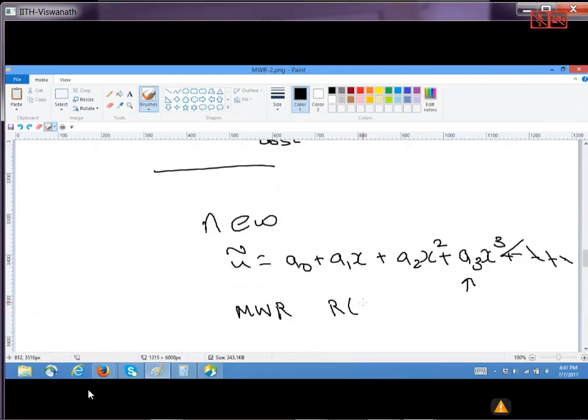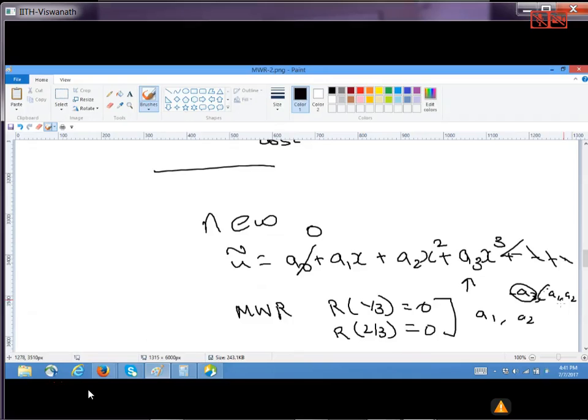Let's make r at 1 by 3 equal to 0 and r at 2 by 3 equal to 0, which will give you your a1 and a2, and a0 is already 0. A3 can be written in terms of a1 and a2. A3 is a function of a1 and a2 after using the boundary conditions.